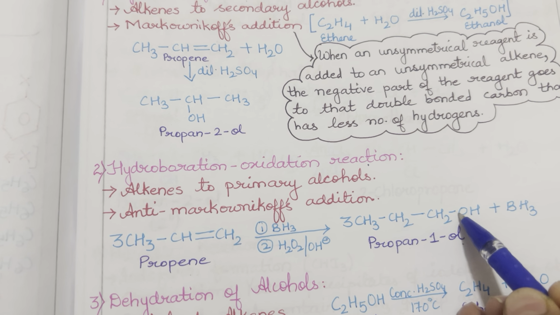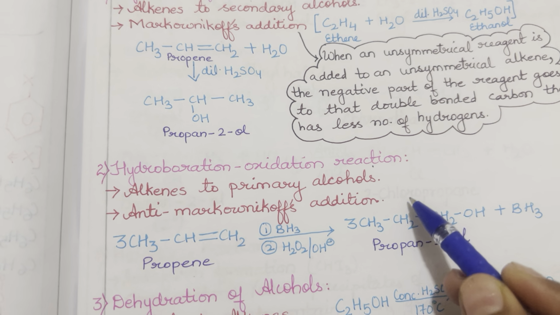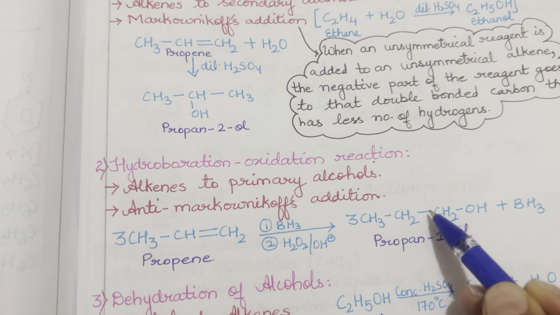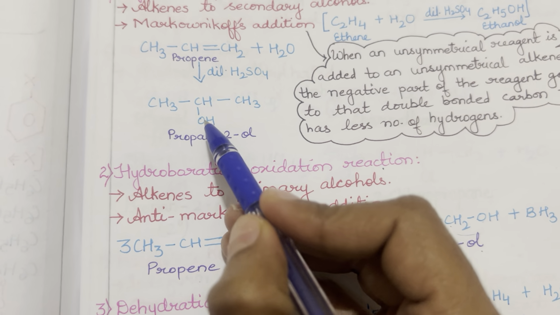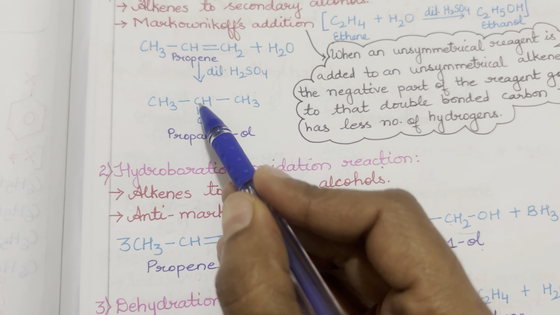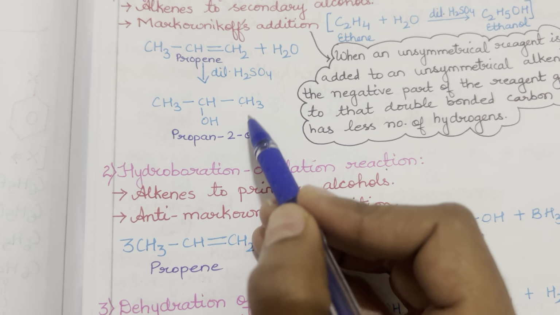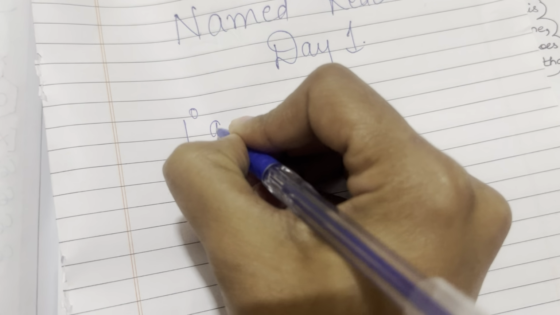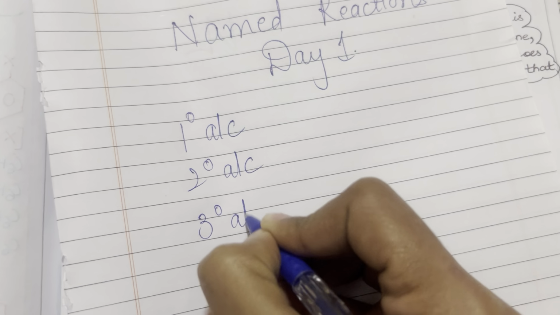That means the OH group, the alcoholic group, is present on the carbon which in turn is attached to only one carbon. So this particular CH2OH is known as a primary alcohol, and when the OH is attached to the carbon whose two valencies are satisfied with carbon, it is known as a secondary alcohol. So basically you have 1 degree alcohol, 2 degree alcohol, and you have 3 degree alcohol.